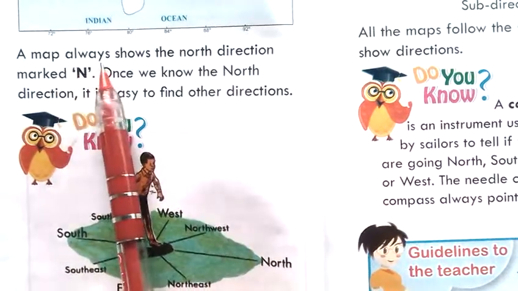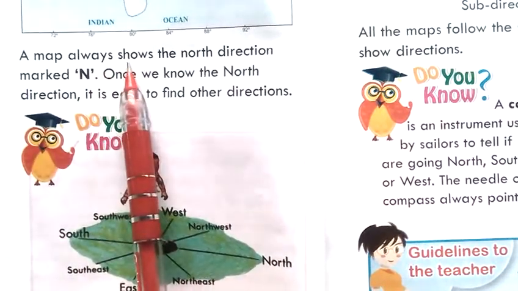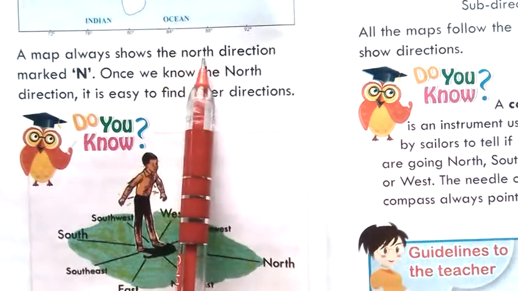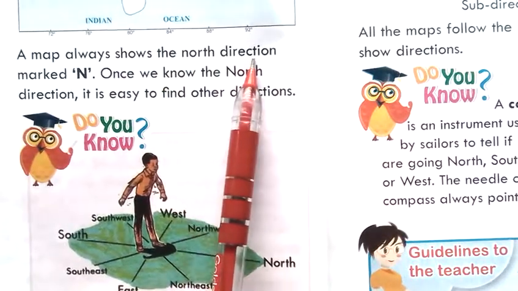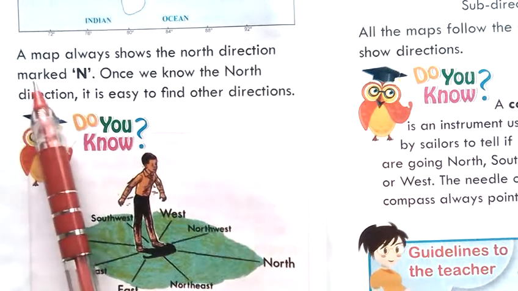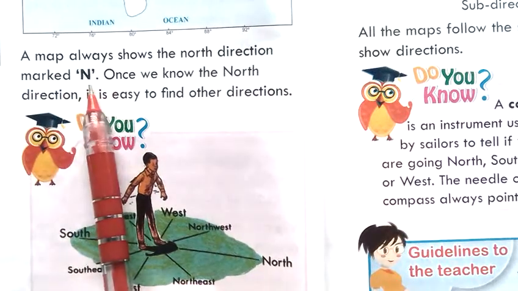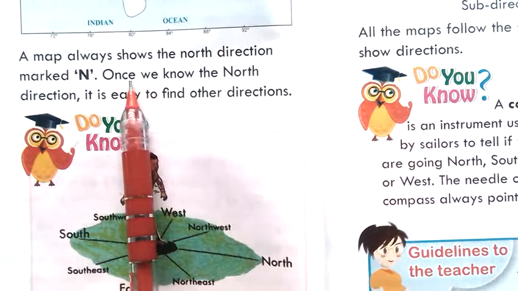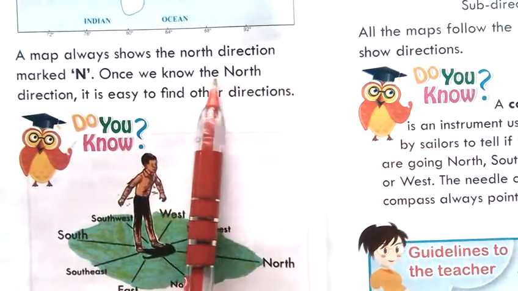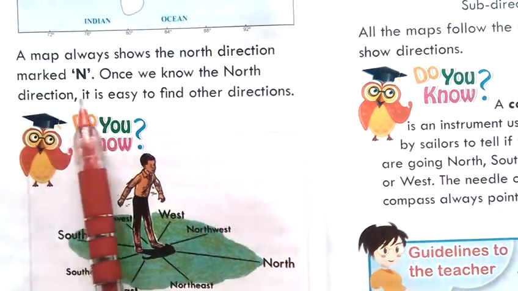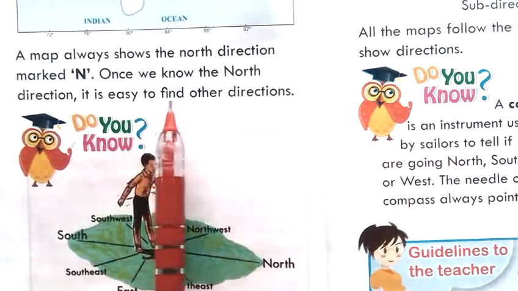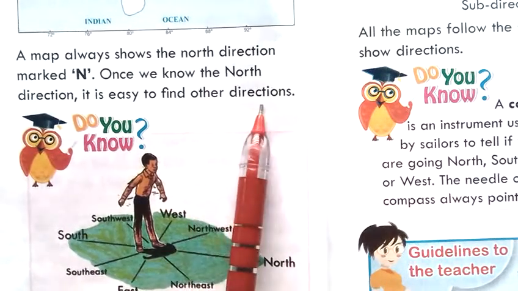A map always shows the north direction marked N. Once we know the north direction, it is easy to find other directions.